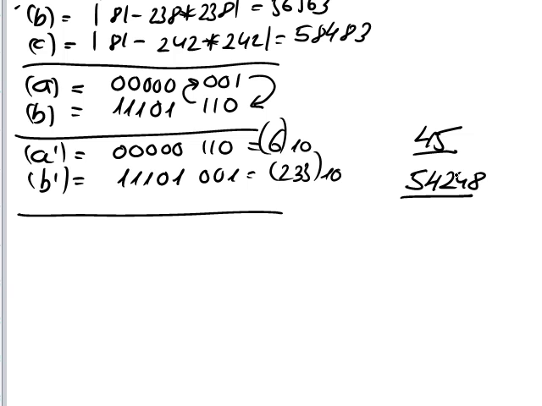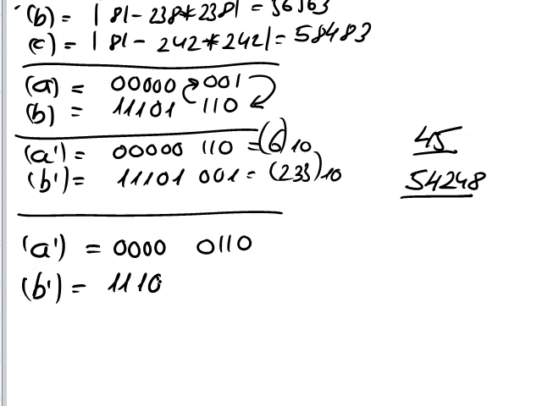But please note that if these strings, A prime and B prime, succeed in getting to the next generation, and if we are lucky in having the cutting position after the 4th bit, we then will get A prime equal 00000110, and B prime will be 11101001. And again, we change the tails.